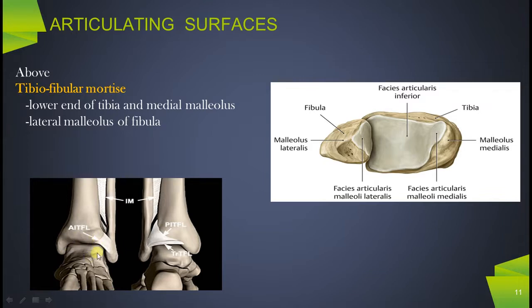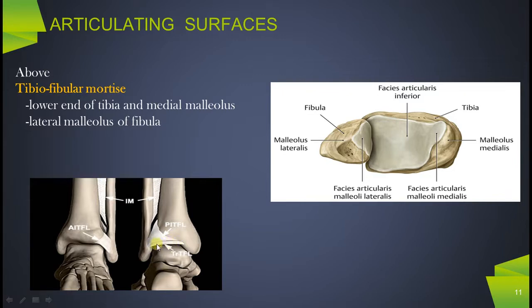You are able to see here the anterior view of the ankle joint, and this is the posterior view. Here you would like to note the anterior inferior tibiofibular ligament and the posterior inferior tibiofibular ligament. The detached part is the inferior transverse ligament.